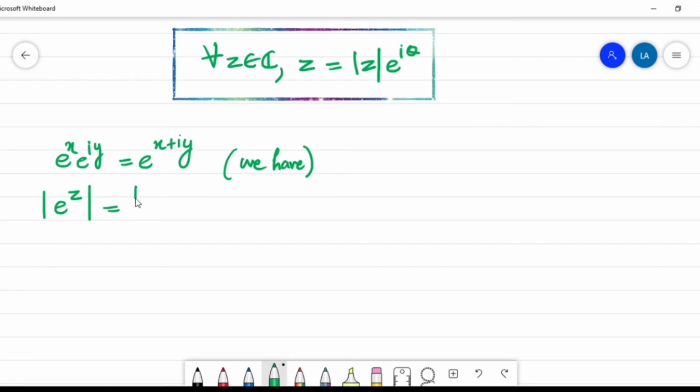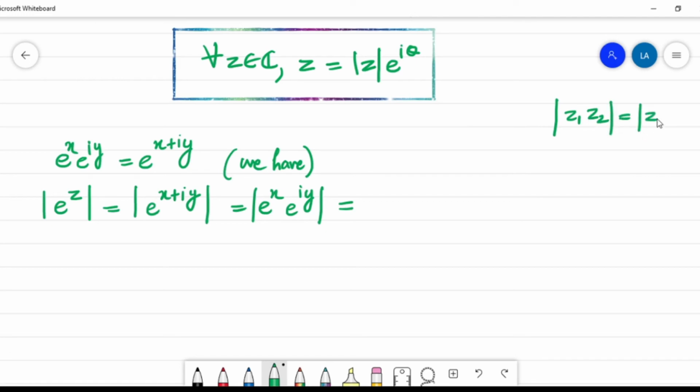Modulus of e raised to z is equal to modulus of e raised to x plus iy, which is equal to modulus of e raised to x into e raised to iy, and the property of the modulus function says that modulus of z1 into z2 is equal to modulus of z1 into modulus of z2. So, here we have modulus of e raised to x into modulus of e raised to iy.